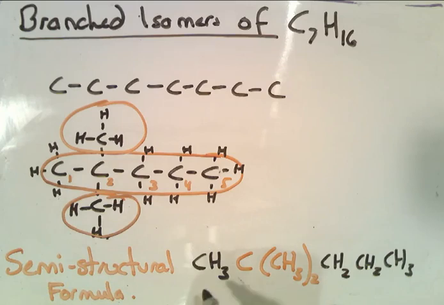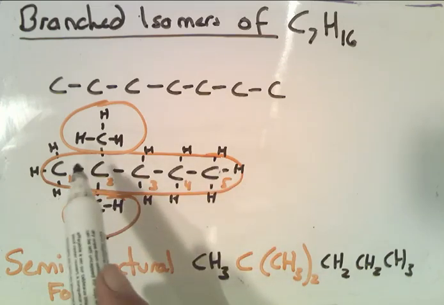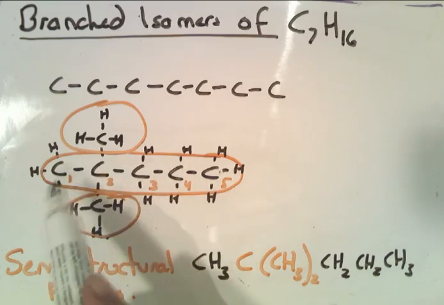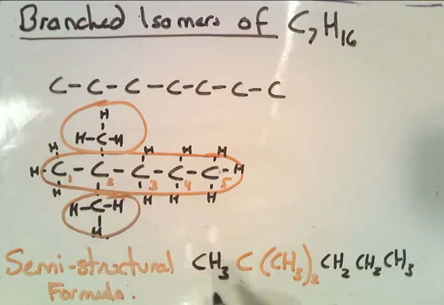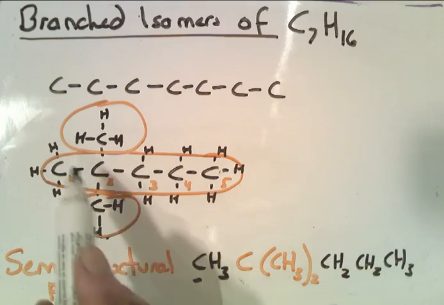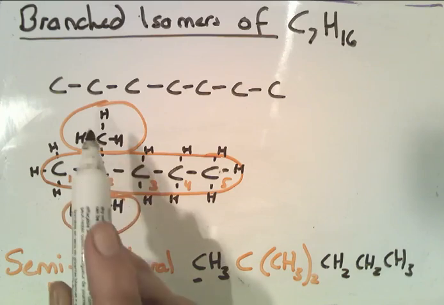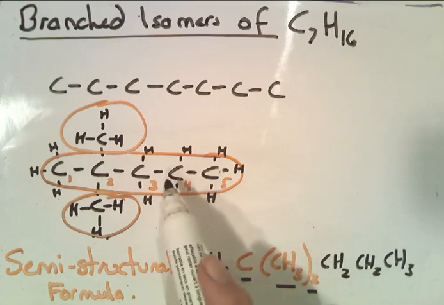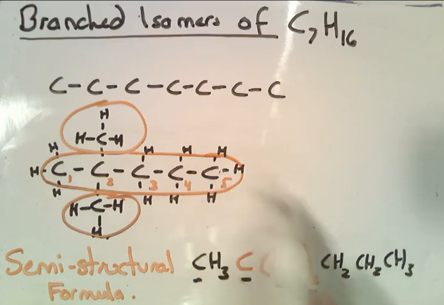So the semi-structural formula, I filled in the hydrogens. Semi-structural formula, you work your way along the main chain. So we've got CH3, that's the first carbon. Then the second carbon, the one in the middle, it's got 2 CH3s attached to it. So this second carbon has CH3 twice. Then we work our way along the chain, CH2, CH2, CH3.